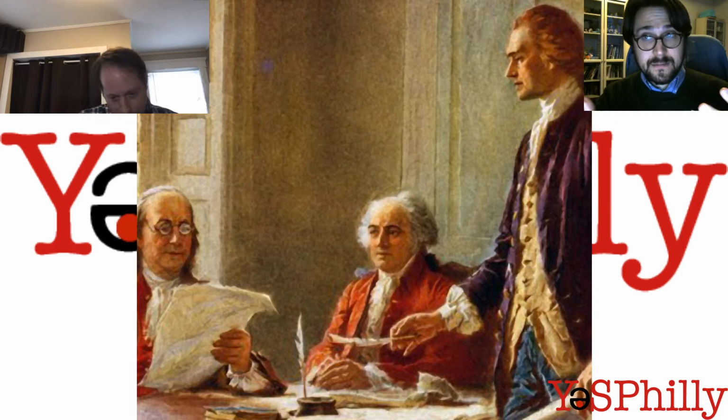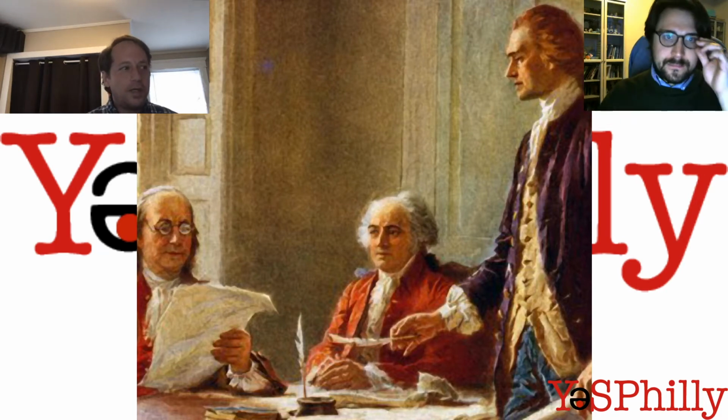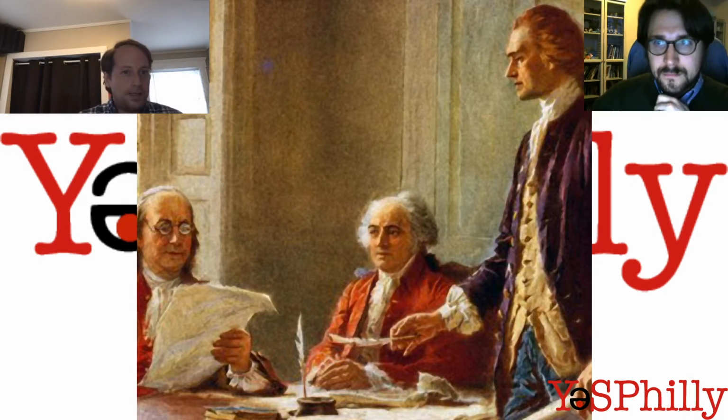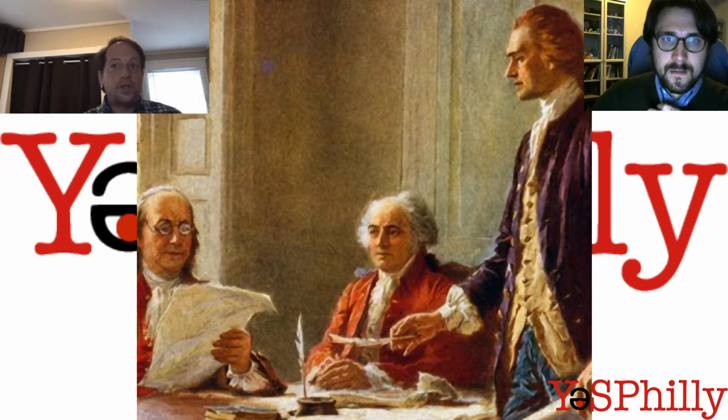Reconciliation with Britain. They're getting together initially to figure out a way to make this right, to get Parliament and or the King to recognize these issues that we think are important, with no real intention in 1774 at least to declare independence.